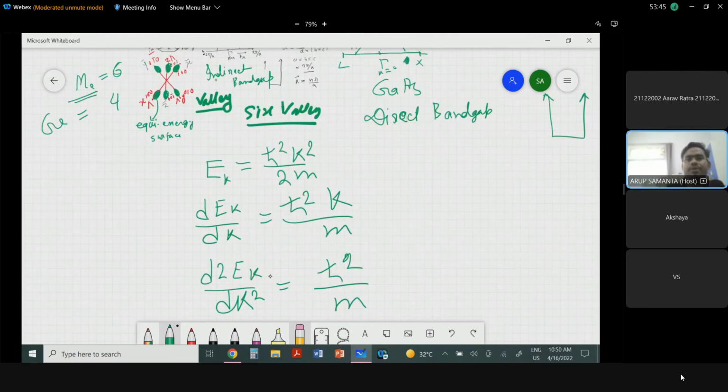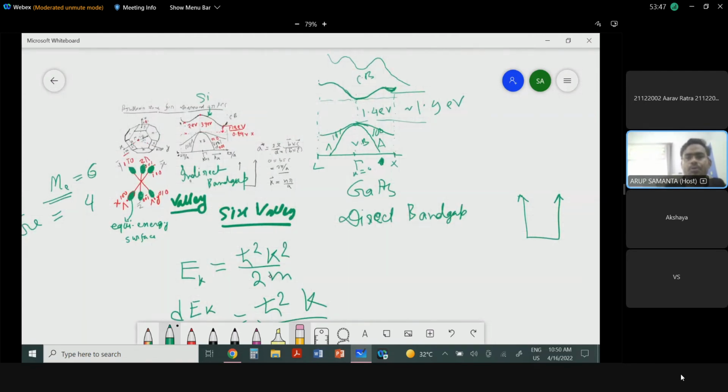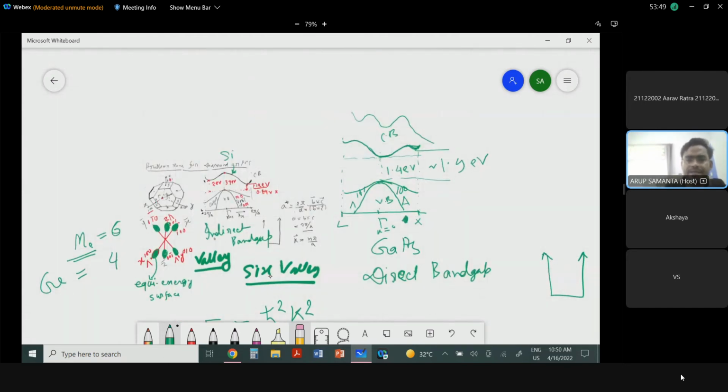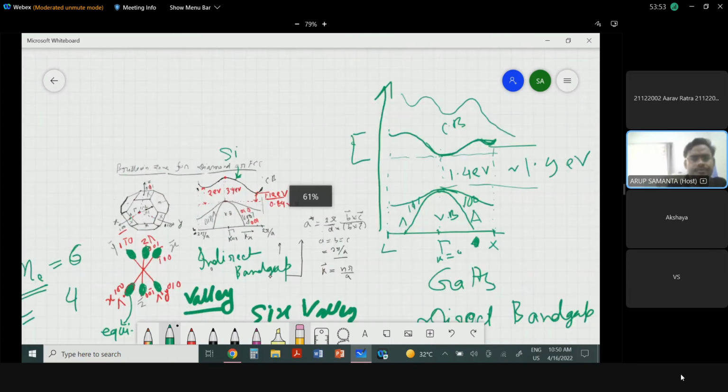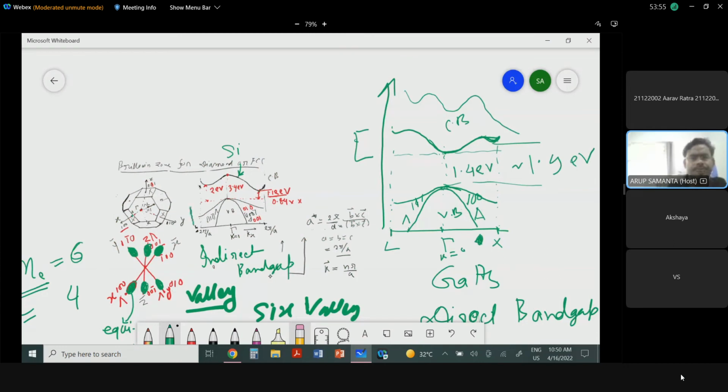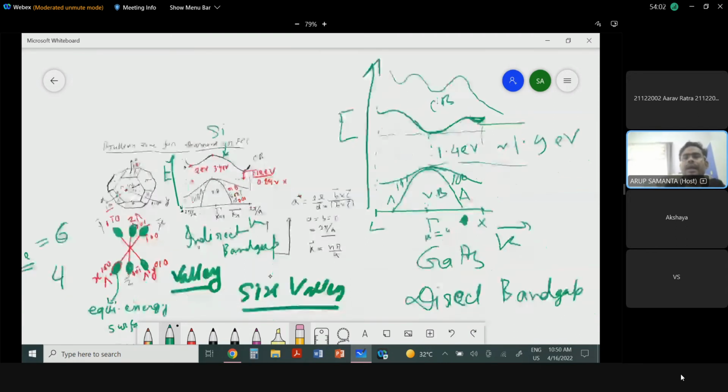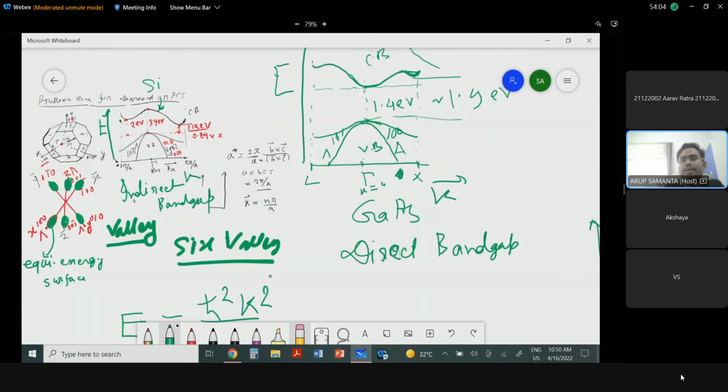So here you can find this is the energy scale. Here we plot this axis as energy, same as here. This is the energy axis, and along this is the k axis. So this defines the change of the energy with k.